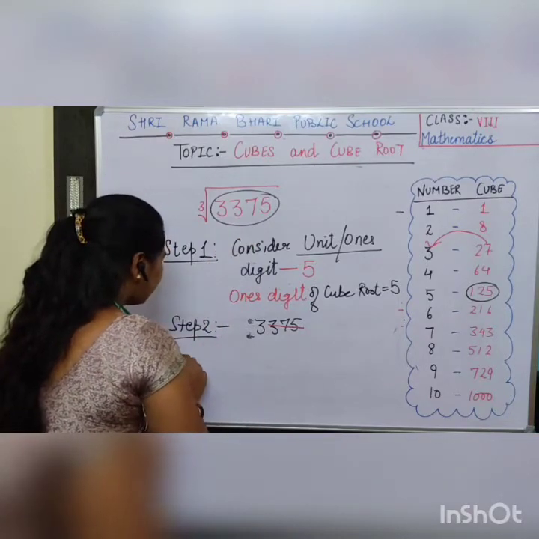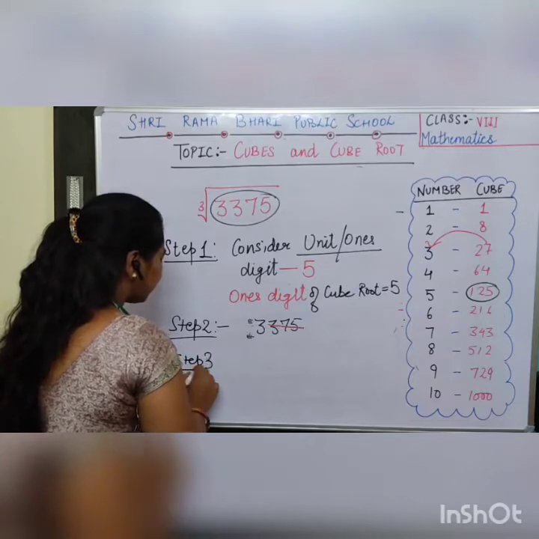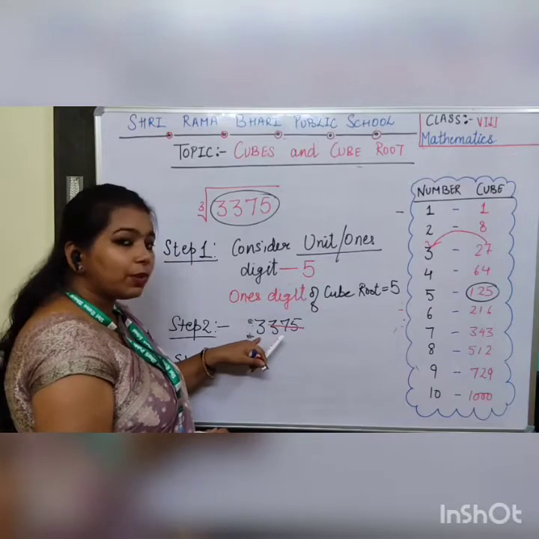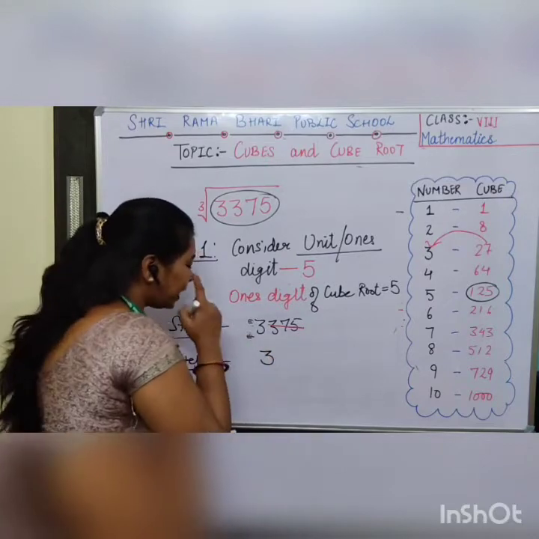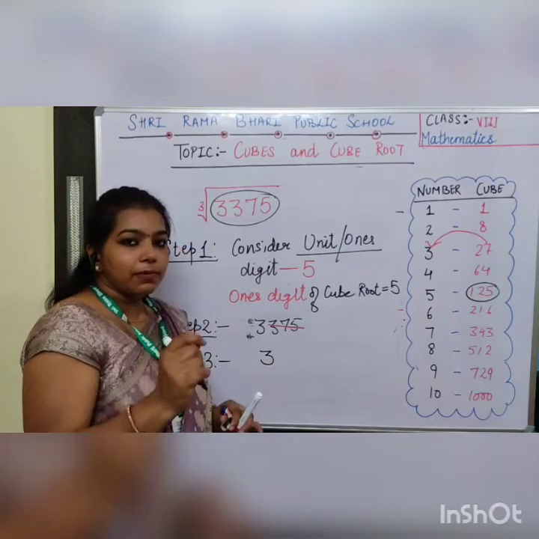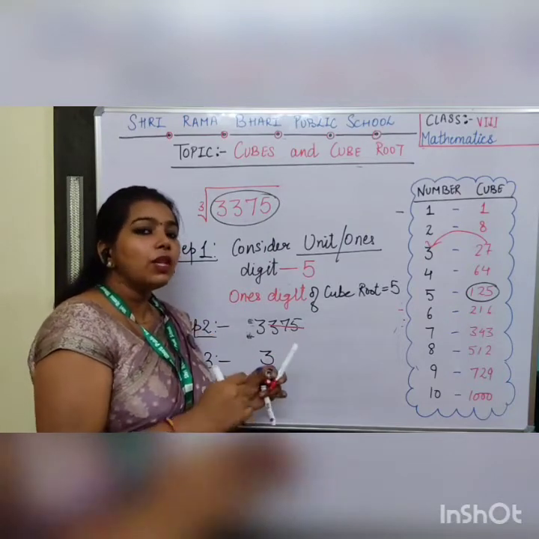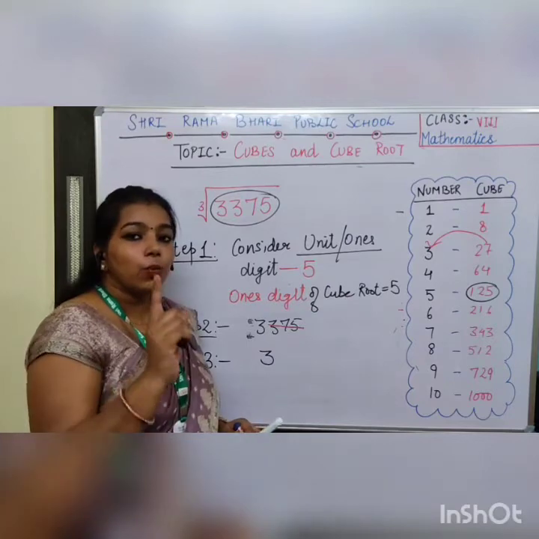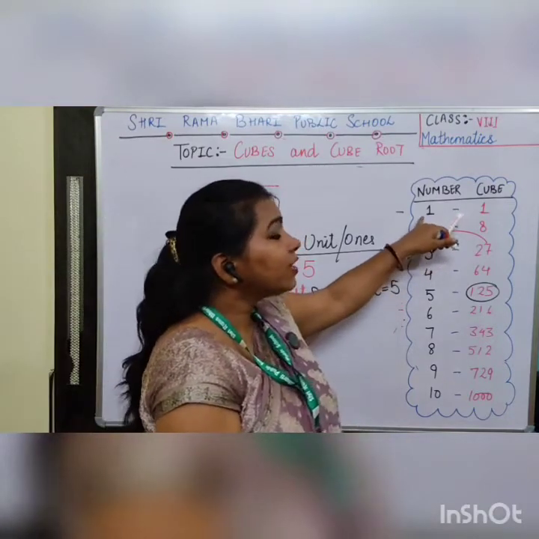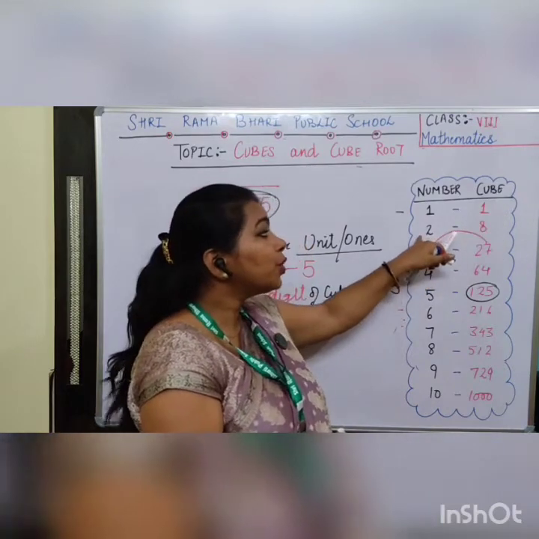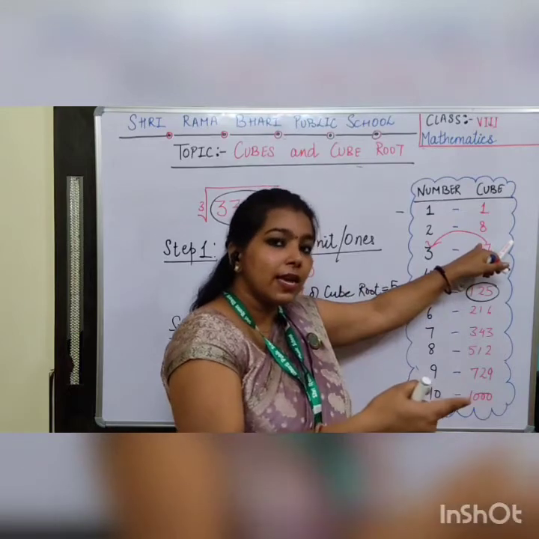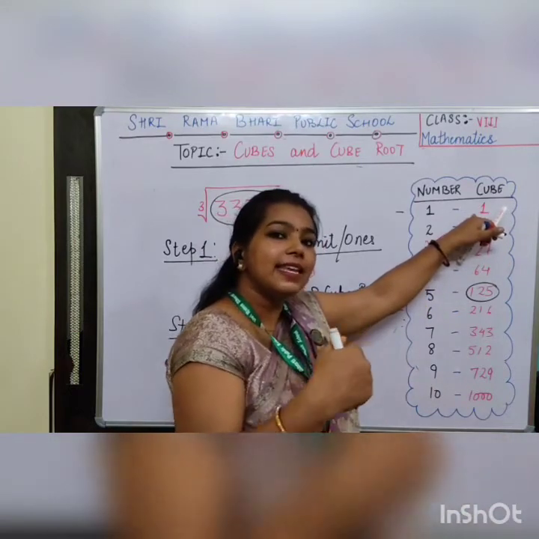Now step number 3. After striking out the last 3 digits, we are left with 3. So first of all we write 3. Now we see which number's cube is equal to or less than 3. Let's start with 1. 1 cube is 1. 2 cube is 8. So 8 is bigger than 3, but 1 is less than 3.